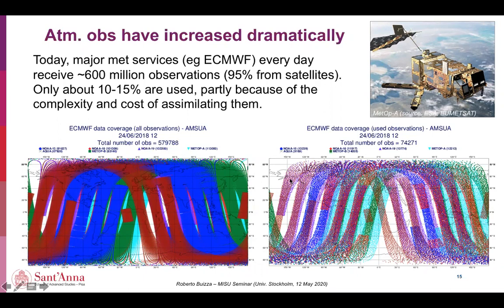What you see is that the observation has been thinned. So instead of using them at the highest density, what we have to do before using them is to average them or select one every 10 or so. And indeed, this number is about 15% of the number of observations coming in.